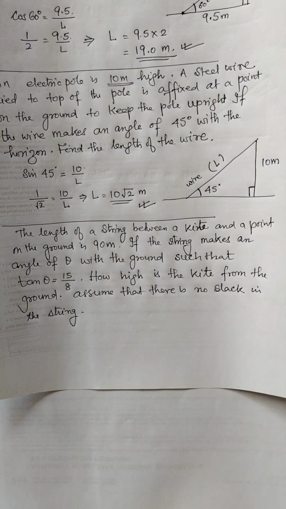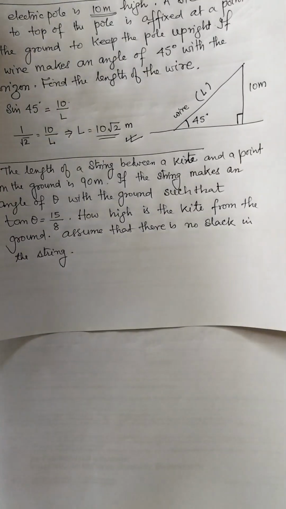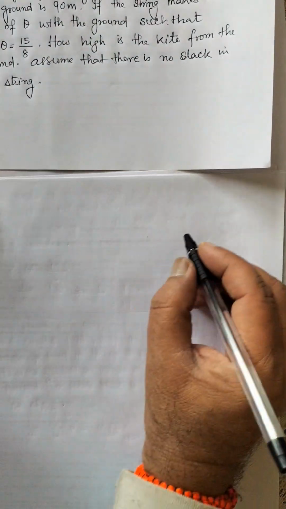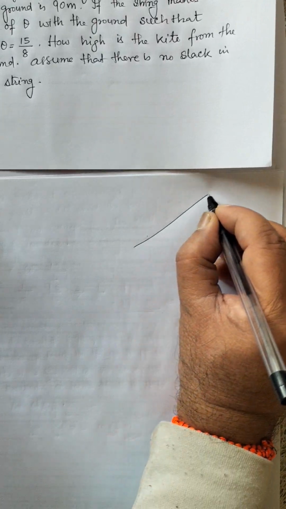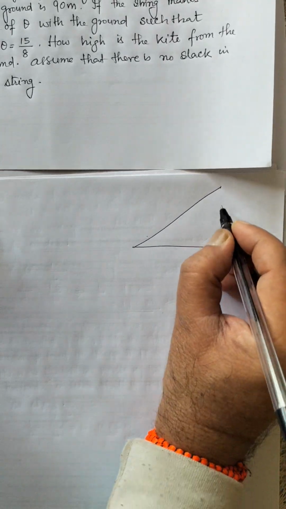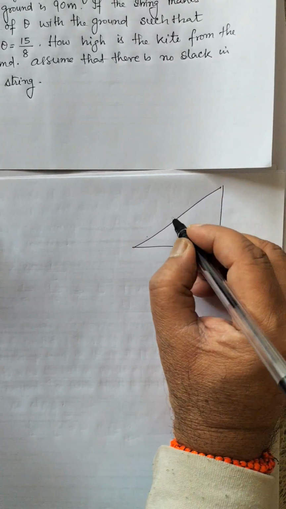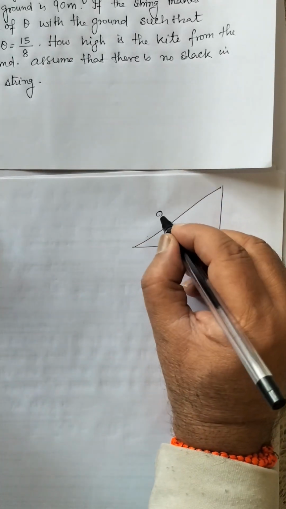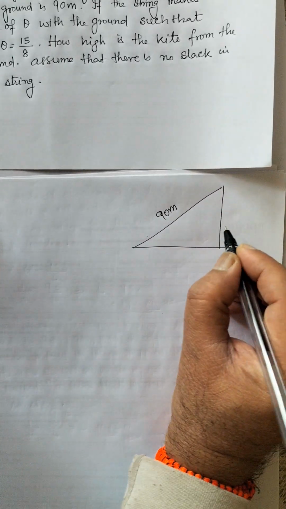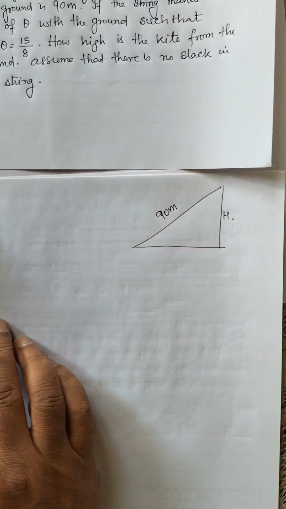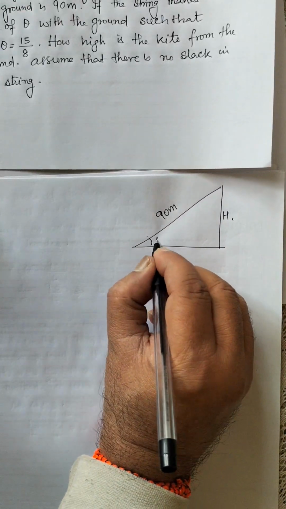This is also a very important question, and many times such questions come in exams. Now see, let us first draw a picture of this question. There is a kite flying, this is the ground, and this is the string. Length is given as 90 meters, height is asked, and this angle is theta.